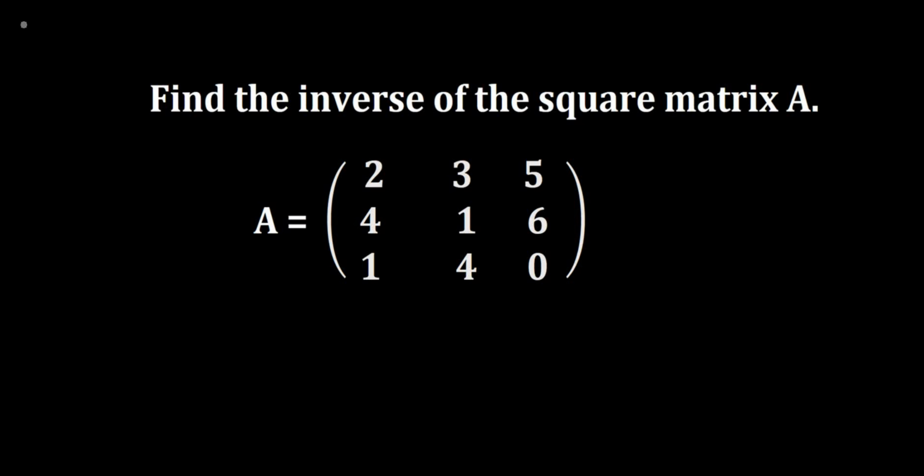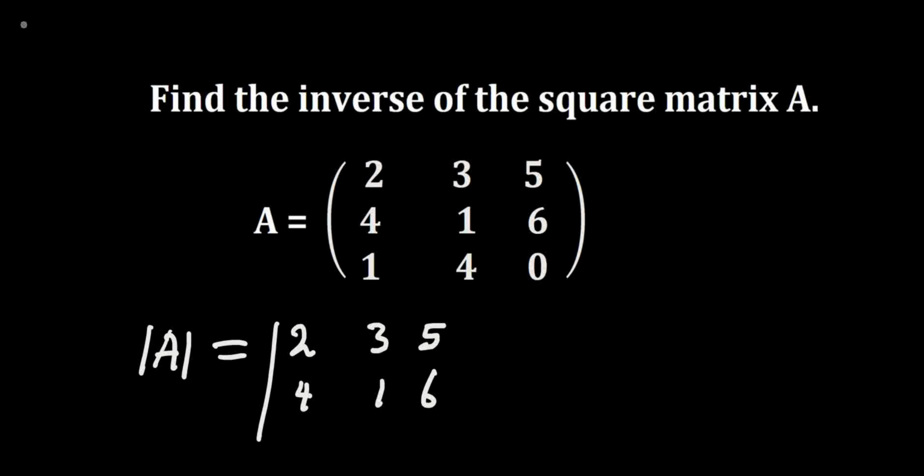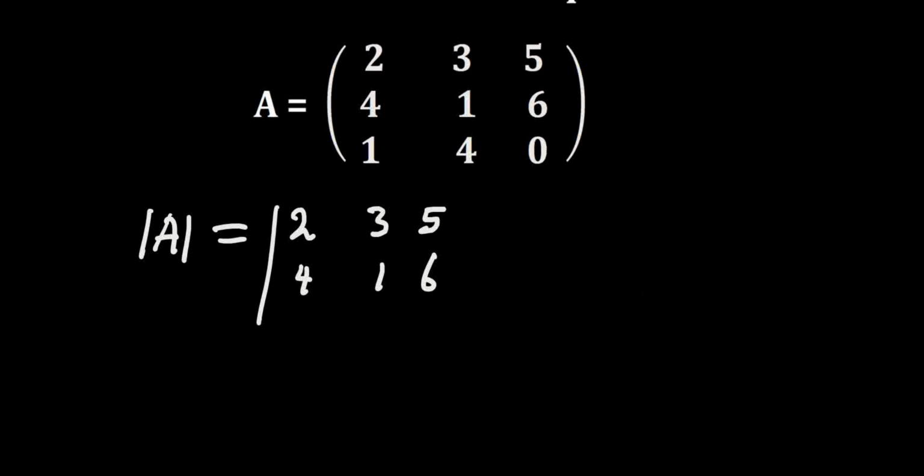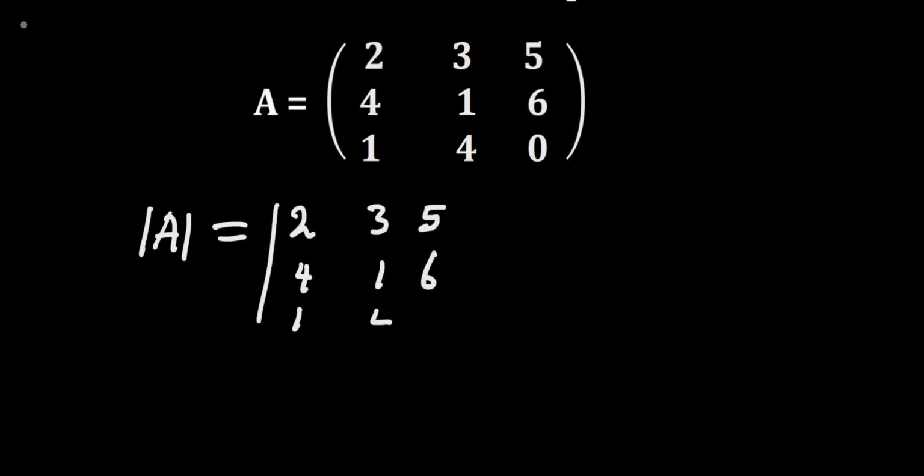So this would be A equals 2, 3, 5, 4, 1, 6, 1, 4, 0.